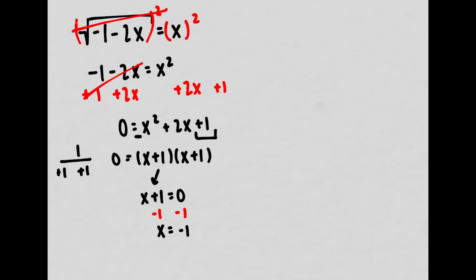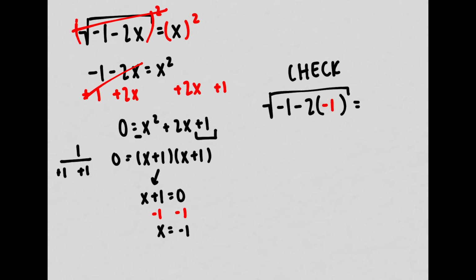So to check these, we're going to plug it back into that original, the square root of negative 1 minus 2 times, and instead of x, we're going to write negative 1 is equal to, I also have to put negative 1 in place of this x as well. I'm going to simplify that radical. I get negative 1 plus 2 is equal to negative 1.